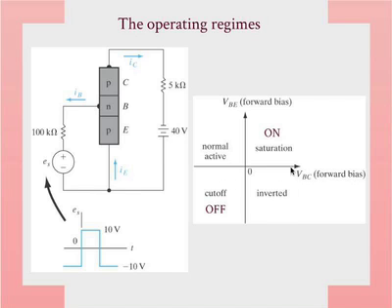Now you can also have an inverted situation, and that's interesting, but it's pretty much the same as the normal active if you think about it. You're switching the emitter and the collector. That's basically it. It's in the symmetric situation.